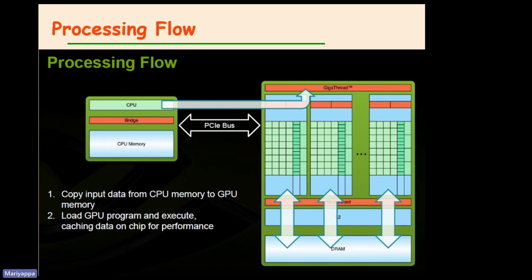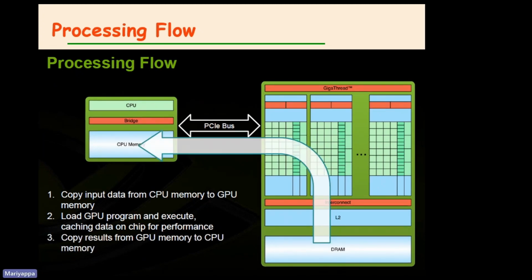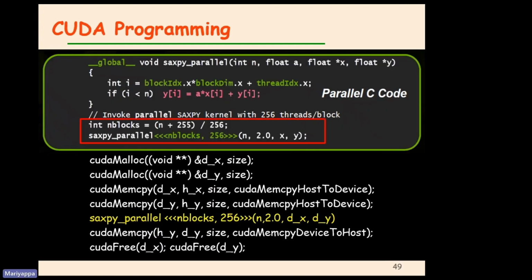The values are finally available in the GPU memory, which you have to transfer back to the CPU memory before you go to the next serial computation. Putting all of those things together, this part of code will look like this: you do some cudaMalloc, then you copy data, then you execute the kernel, then you copy back the values, and then do some cudaFree.